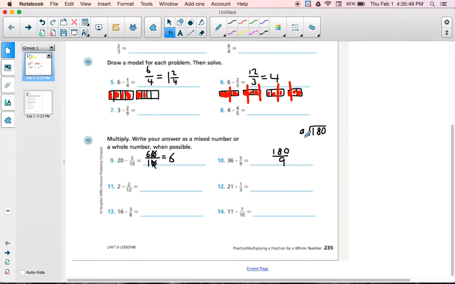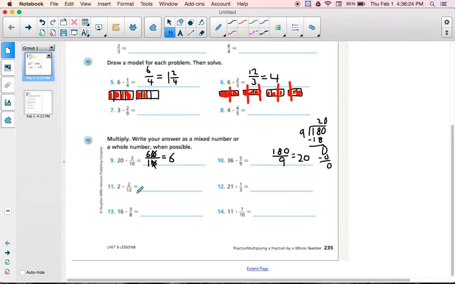All right, 9 will go into 18 2 times. Subtract, bring down your 0. 9 will go into 0, 0. 0 times 9 is 0. 9 will go into 180 20 times. But you could also do it as mental math. I noticed right here, 9 will go into 18 2 times with a 0, 20.